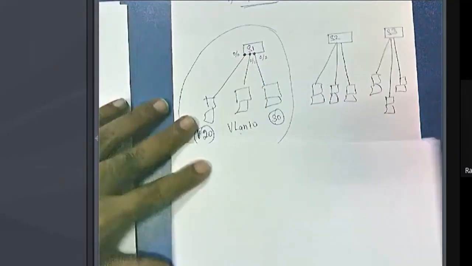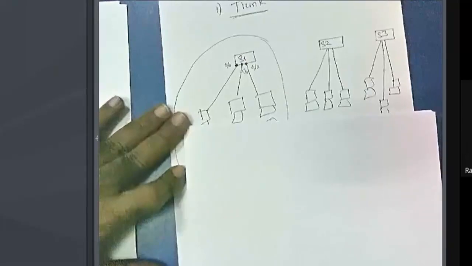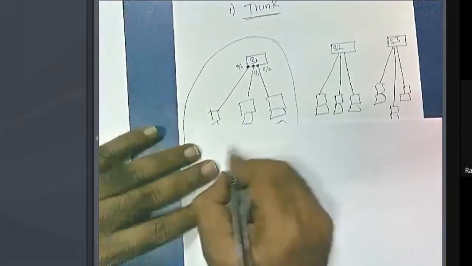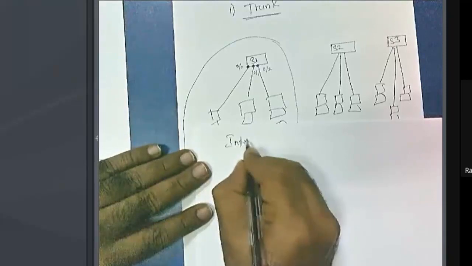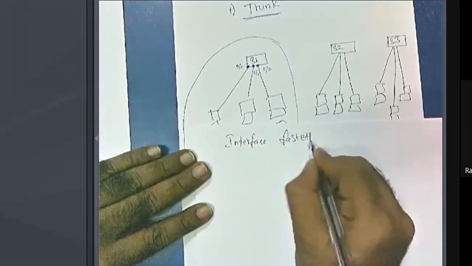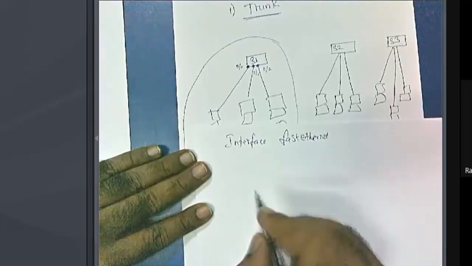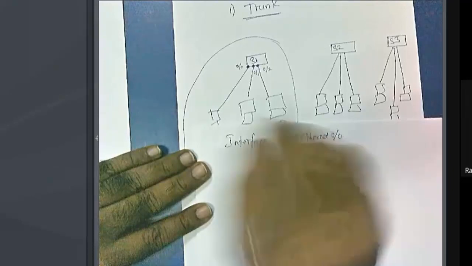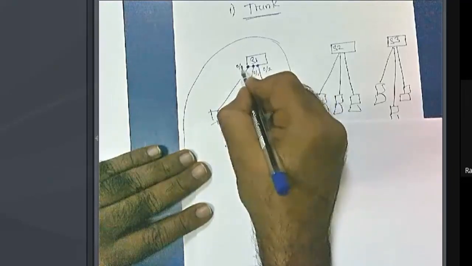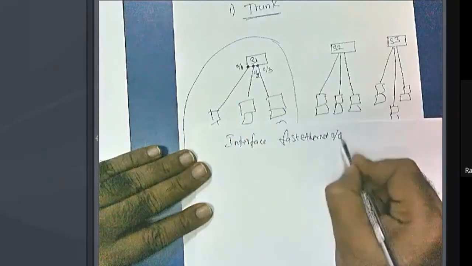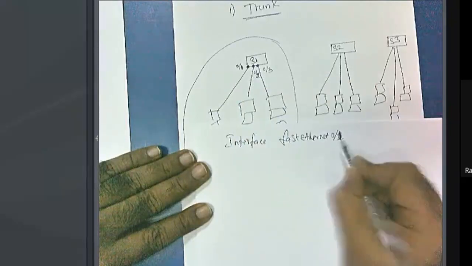Now, I'm going for the first one. What is the command? interface FastEthernet 0/1. Actually, 0/0 will not come; 0/1 will come, then 0/2, 0/3. So FastEthernet 0/1.